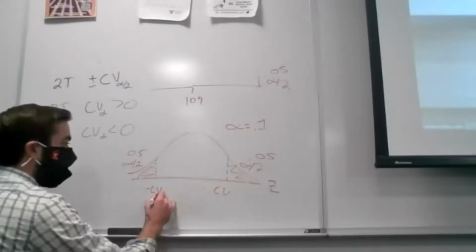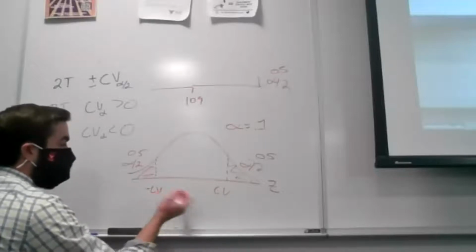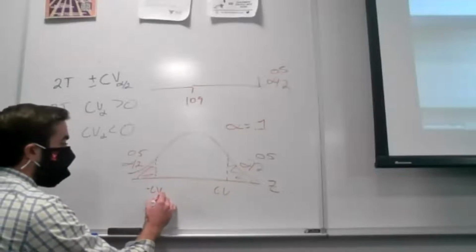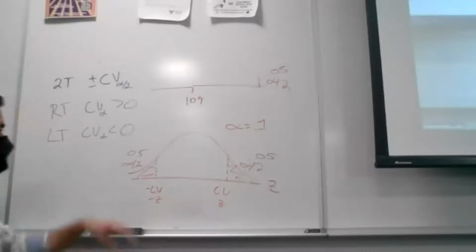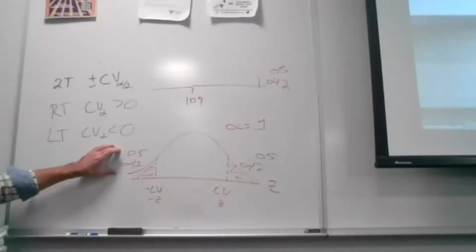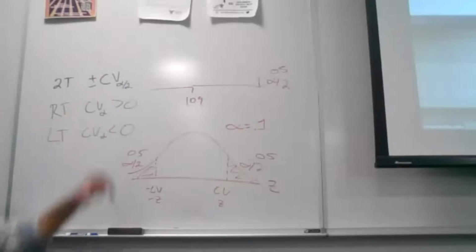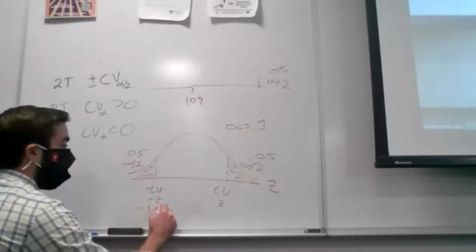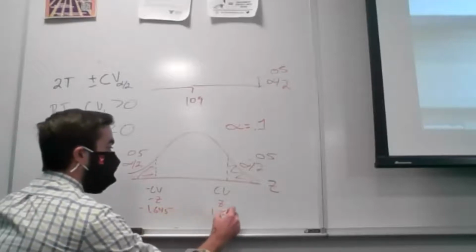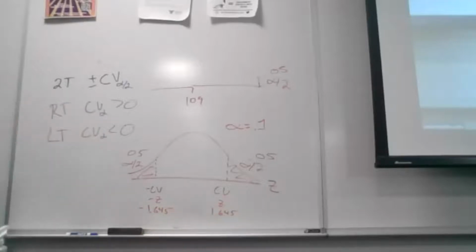These critical values are just coming from a standard normal distribution or a z-table, so these are really z-values. So if I want the z-value that gives me 0.05 in the lower left tail, what did I find that it was in the problem before? Negative 1.645, and then positive 1.645 would be the other one.